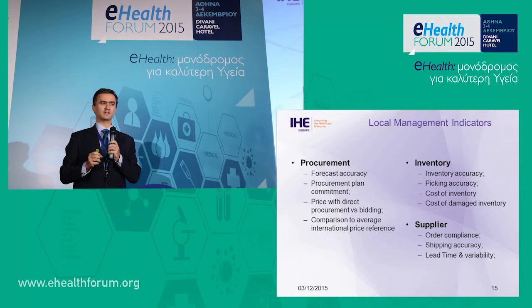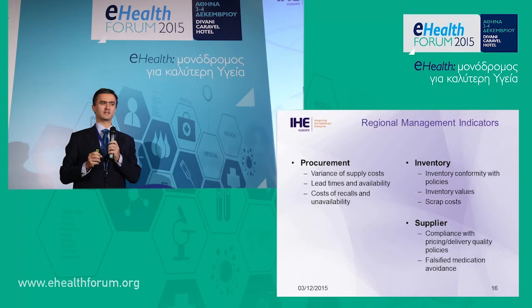And I'm about to finish with the first point, saying that once you have the information, you can have some KPIs. You can start having local, regional, national or even European level KPIs to see what the average lead times for the product are, and what the deviations are.